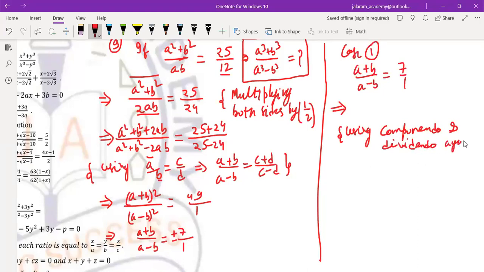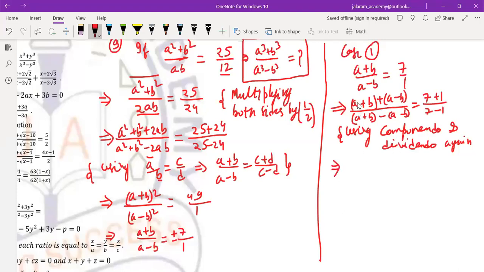Using componendo and dividendo again, a plus b over a minus b equals c plus d over c minus d.